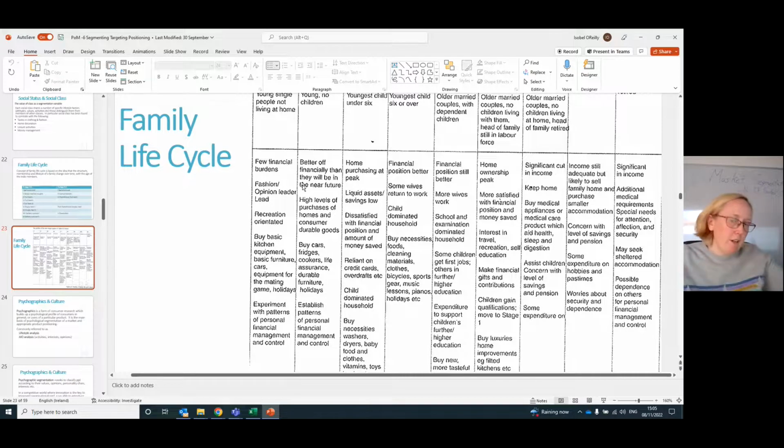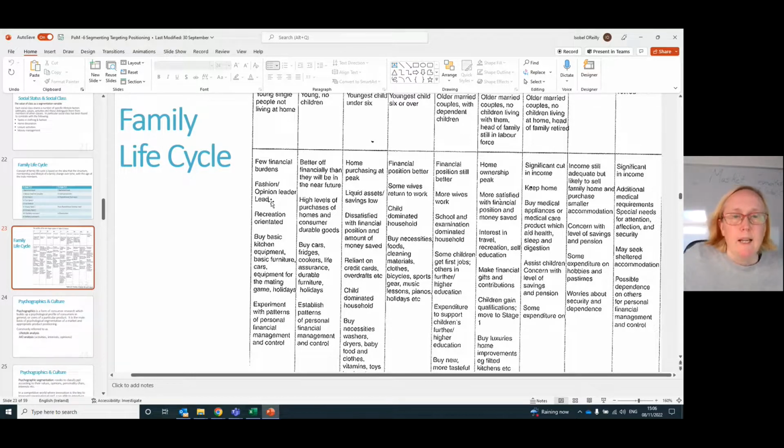So this is the first time people move out, few financial burdens. So there's usually no mortgage, no big loans, there might be student loans, but there's no dependents, that kind of thing.